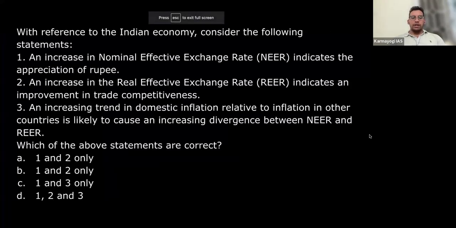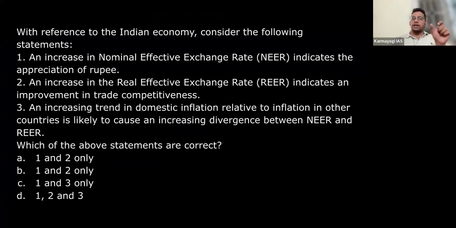So let me share my screen with you. Let's see the question that was asked in the UPSC 2022 prelims with reference to the Indian economy. Consider the following statements. An increase in the NEER indicates that there is an appreciation of the rupee. It means that NEER has gone beyond the already existing level. There is no concept of one or 0.8 here.